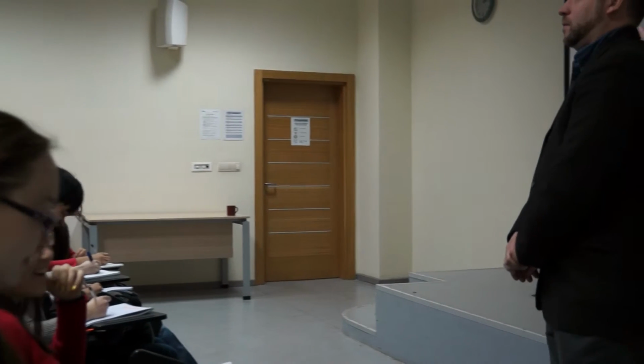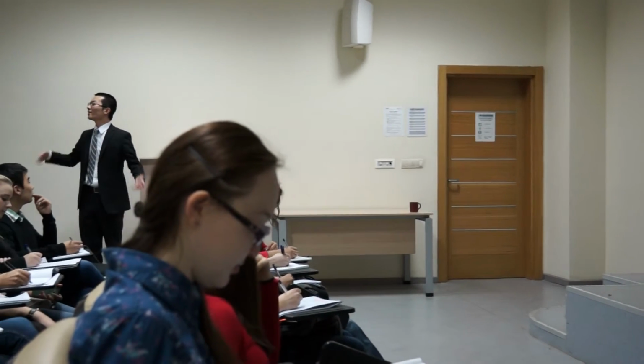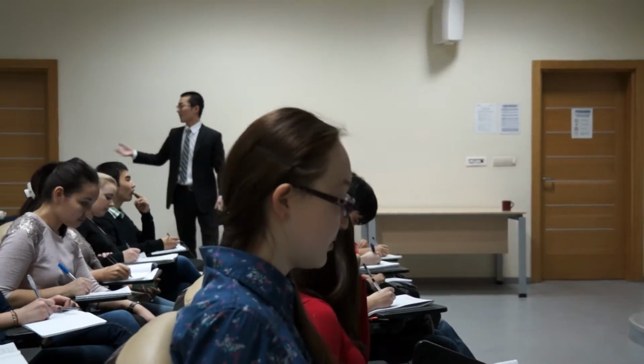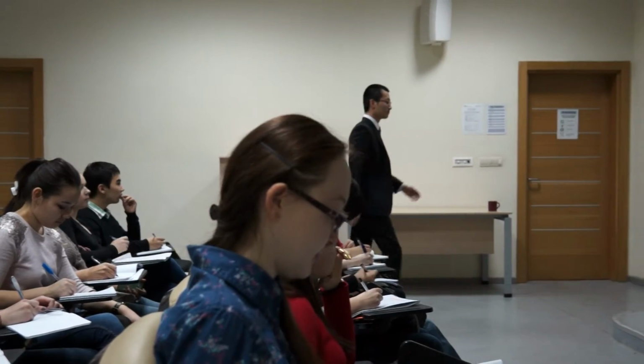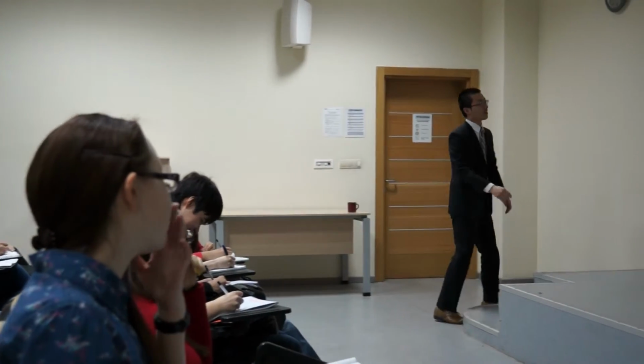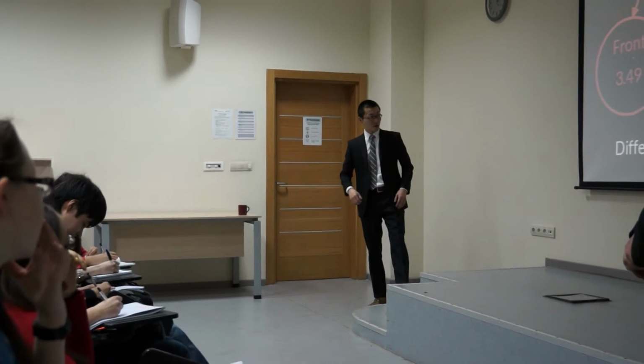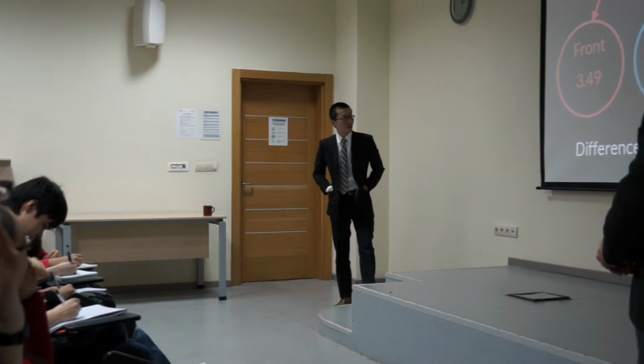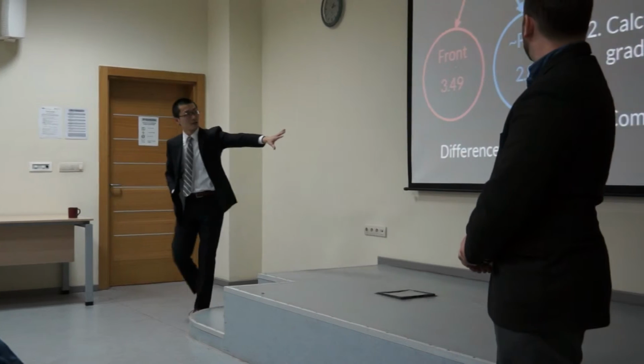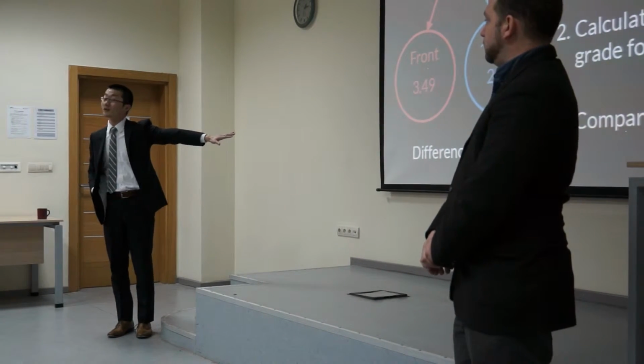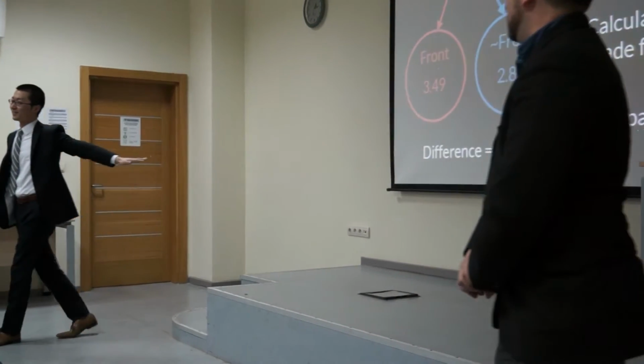For those in the back, it's probably 2.86. And I'll be pretty good, because the average, the mean, is the best guess. That's what this tells us. Then we can calculate the difference, which is 0.63.